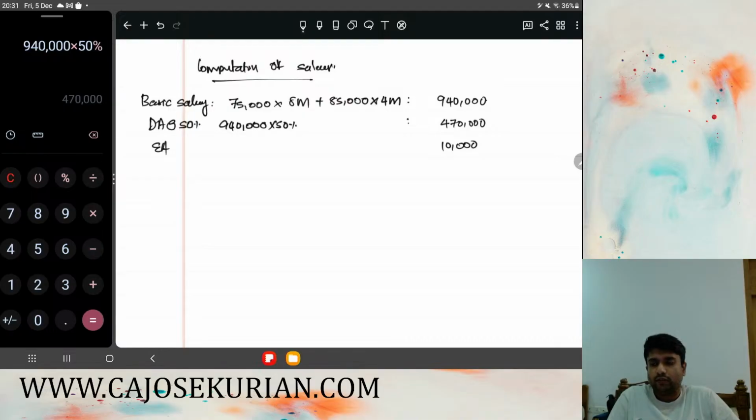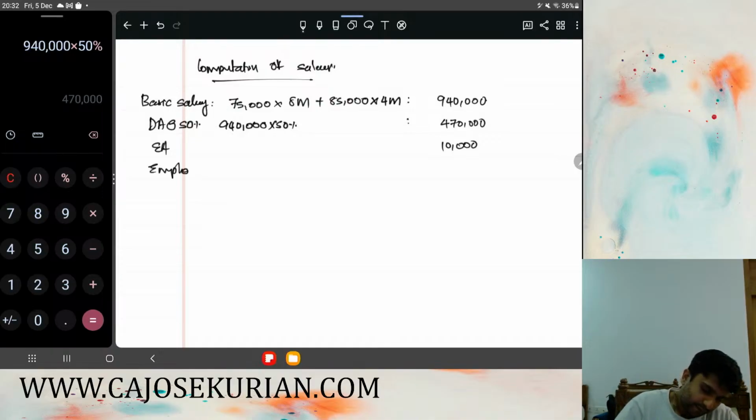Contribution of employer to recognized provident fund account of the employee at 18% of basic salary, and the employee also contributes an equivalent amount. So employer contribution is 18% of basic salary. So we will write that. Employer contribution is 18% of basic salary.